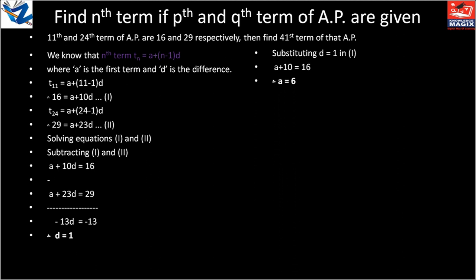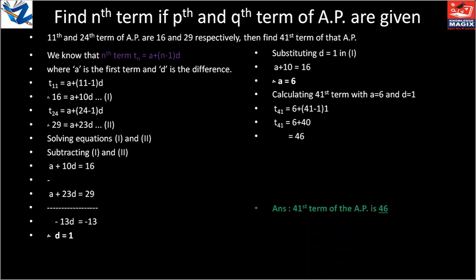Therefore, a is equal to 6. Calculating 41st term with a is equal to 6 and d is equal to 1. T41 is equal to 6 plus 41 minus 1 into 1. T41 is equal to 6 plus 40, is equal to 46. Answer: 41st term of the AP is 46.